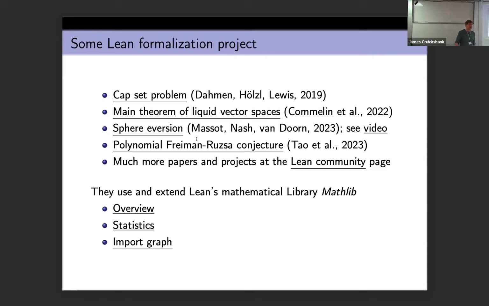Lean's viewpoint is that there is basically one monolithic library of mathematical results. Of course, you can create your own libraries, but there's one big library called Mathlib that is hence very interoperable. Everything can be connected to other mathematics, the definitions align, and you can build on this library if you do a more advanced project.